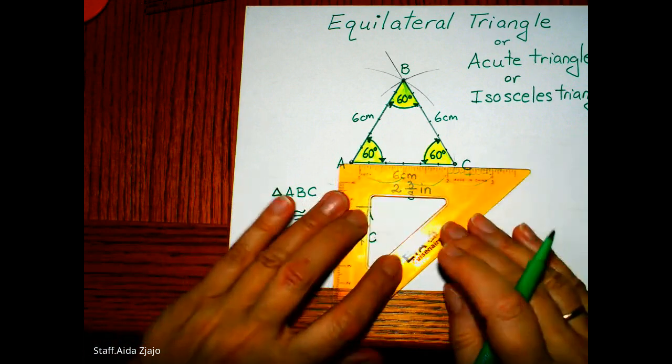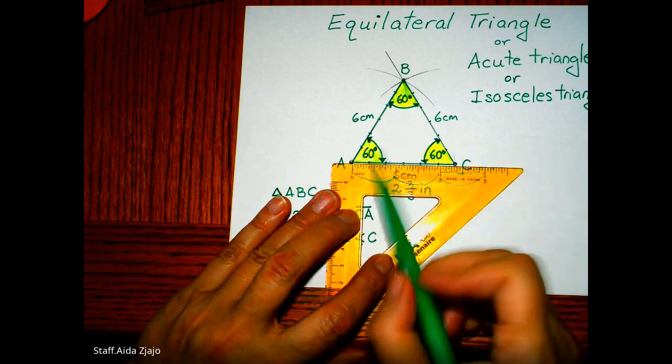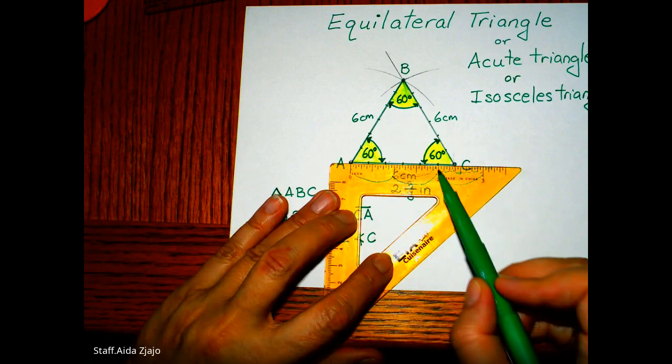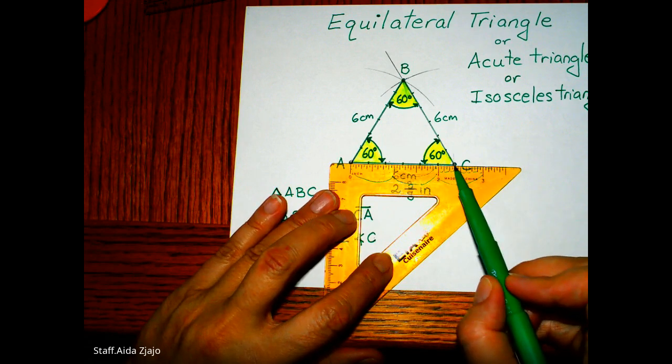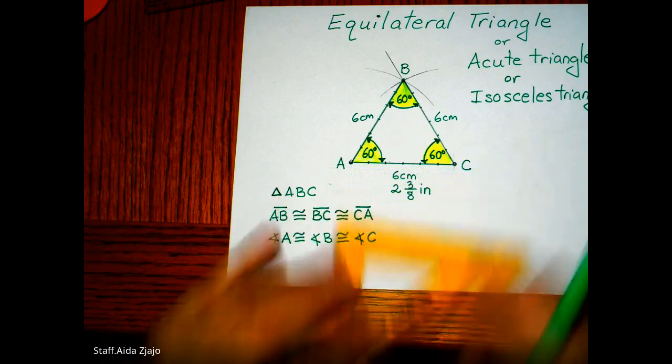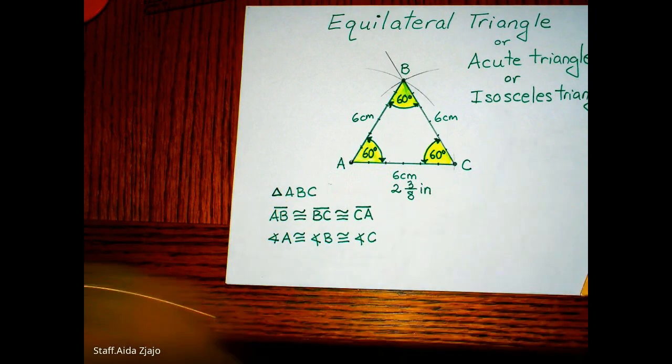And as you can see, that's exactly 1 inch, 2 inches, and 1, 2, 3 eighths of an inch, 3 out of 8 of the next inch.